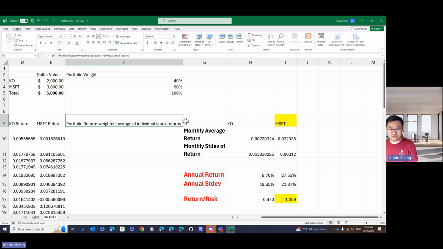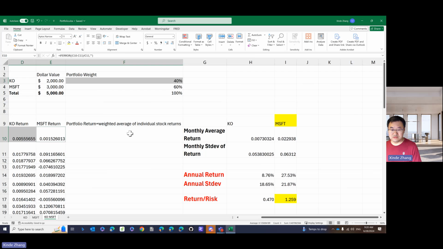Hopefully you remember. The weighted average is the Coca-Cola return times the Coca-Cola weight. That's the portion for Coca-Cola. Then we plus the Microsoft return times the Microsoft weight. That's how we calculate the portfolio return.